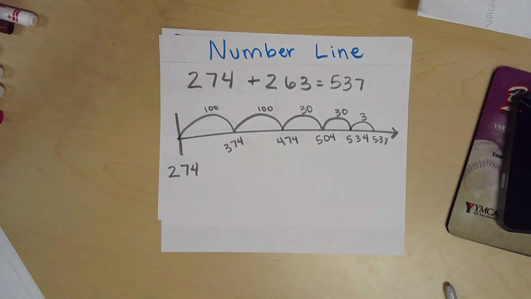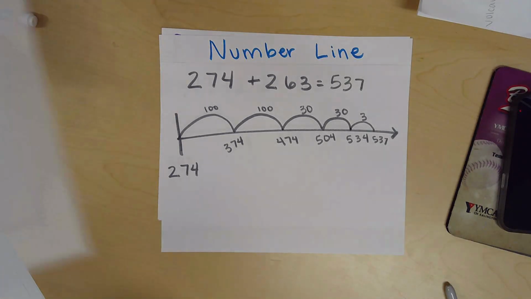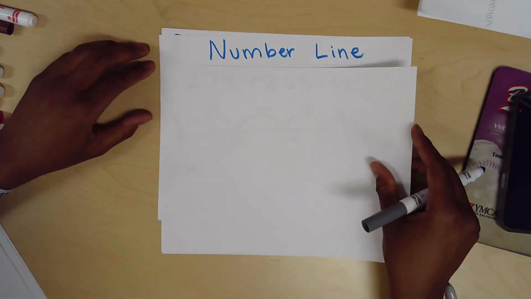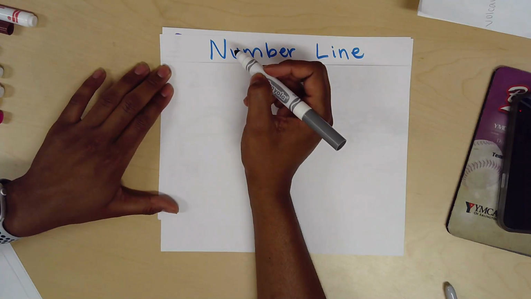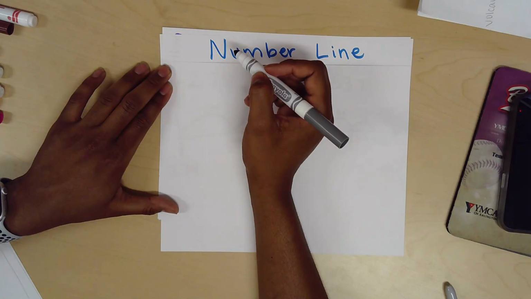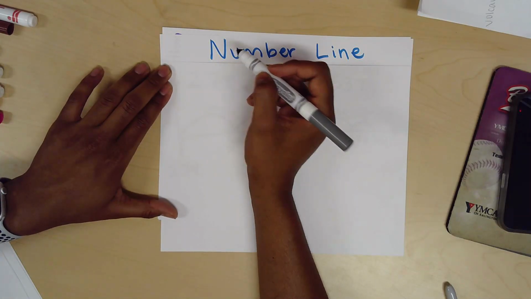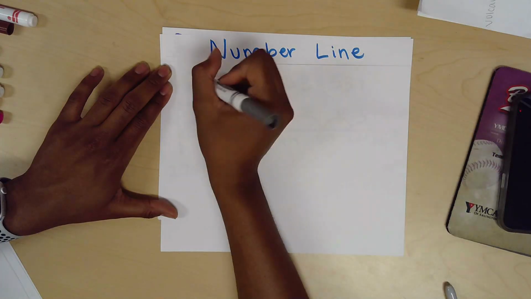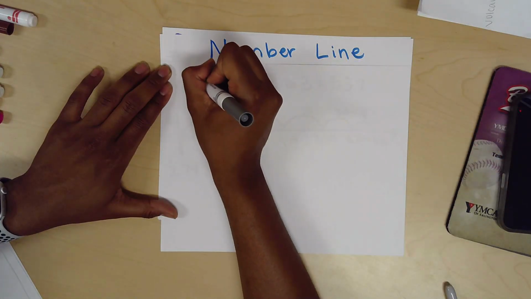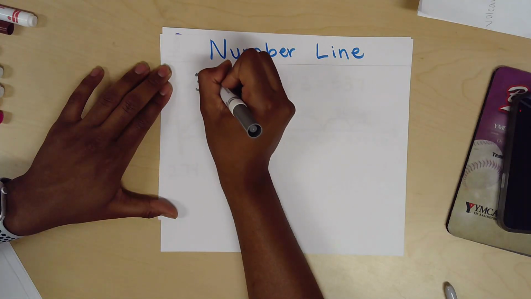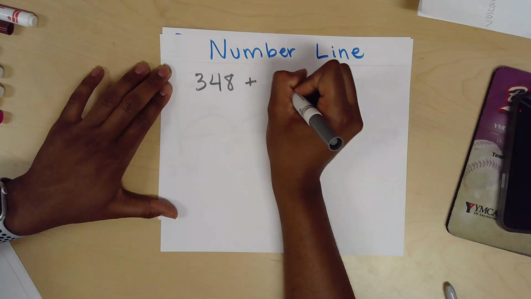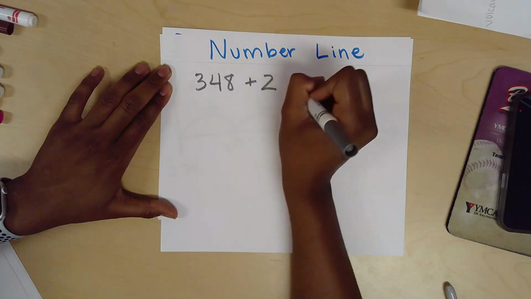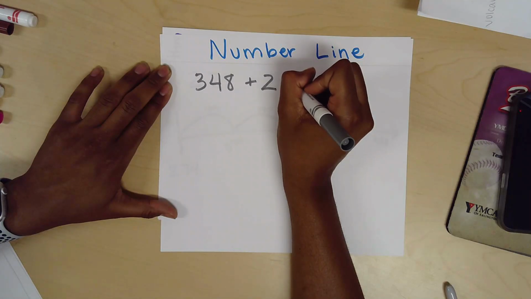All right, and then the last one. Let's do 348 plus 227.